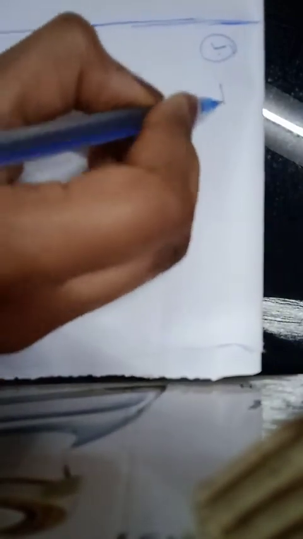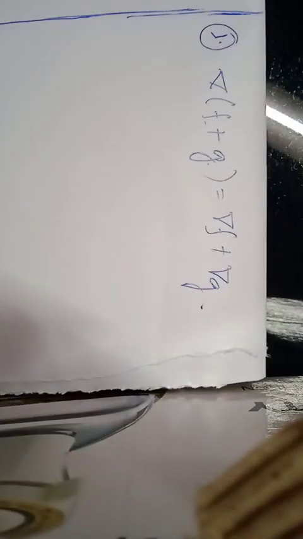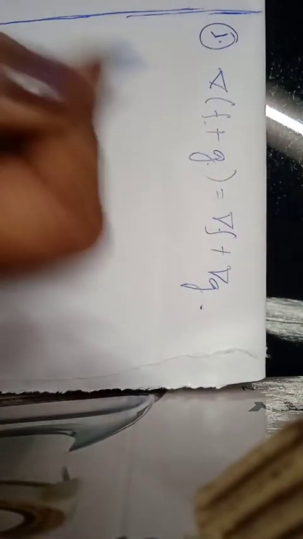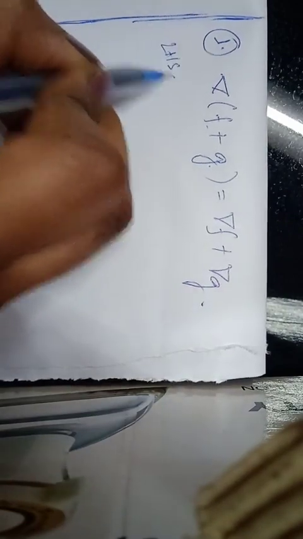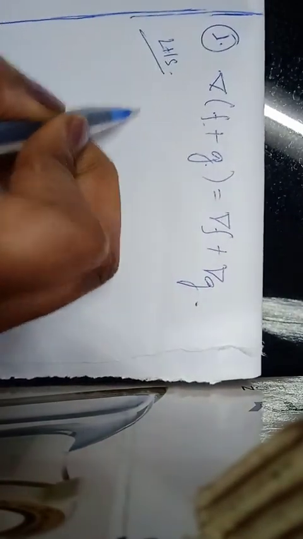Okay, so the proofs are very easy, at least the preliminary or the first proofs. Say the first property we are taking is grad of f plus g, where f and g are two functions, equals grad f plus grad g. The proof is very easy. If you take the left hand side, what does grad of f plus g mean?